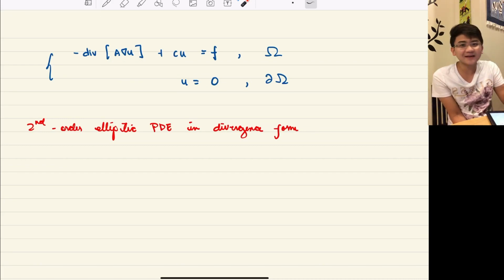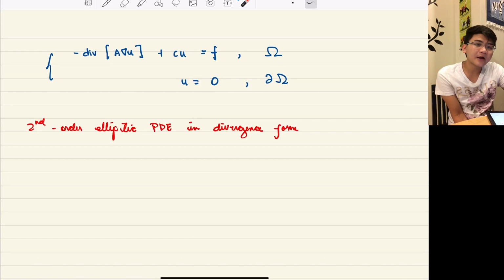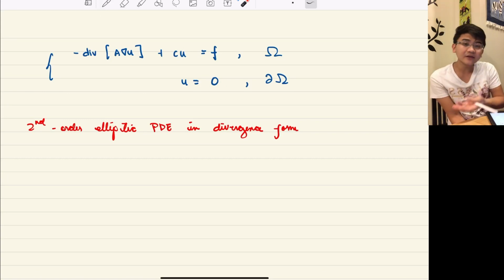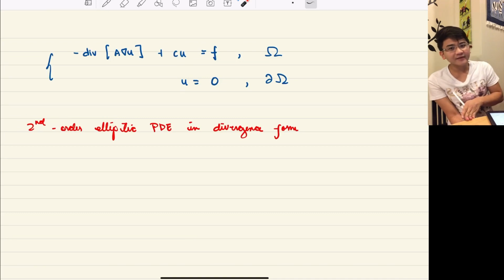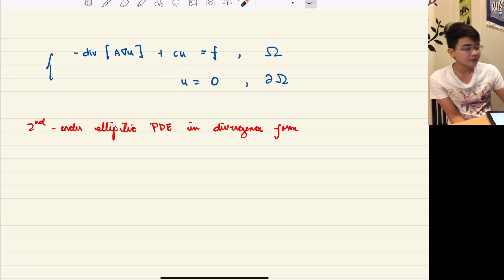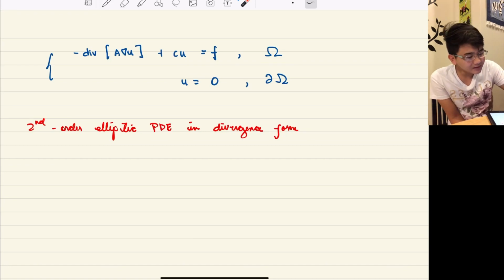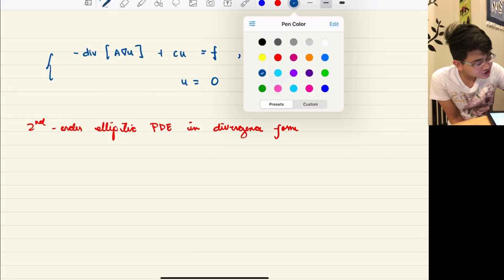So basically that's it. There are what we call elliptic PDEs in non-divergence form, and the theory for that is actually very different from those in this particular form. So this is a simple one. It's linear. So A here doesn't depend on u, and we don't have any other first order terms. Okay, so let's call this equation star.